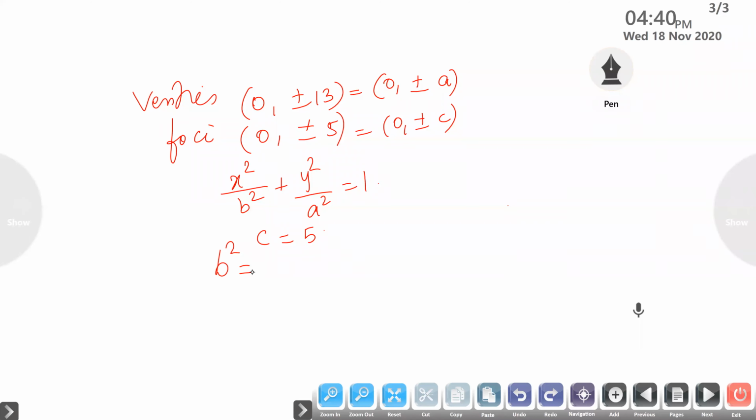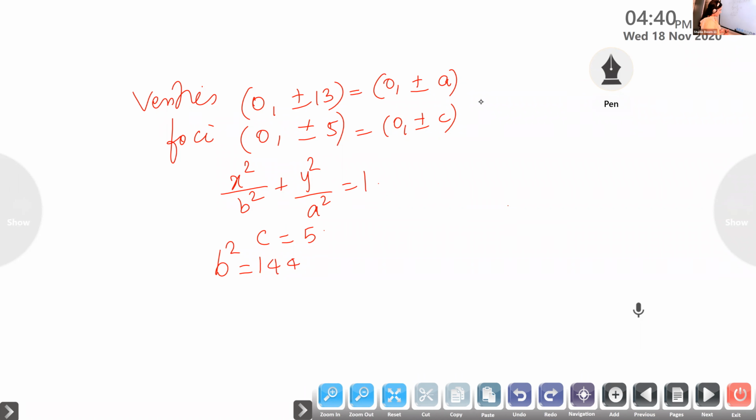B square is 144. Is it correct? Aditya Satyan? Is it 144?